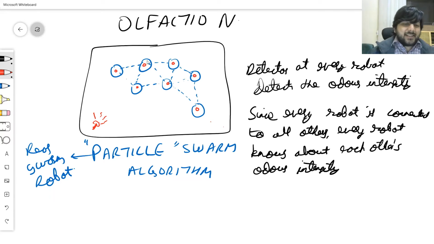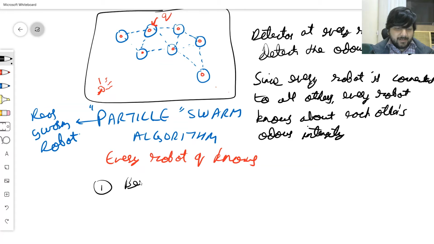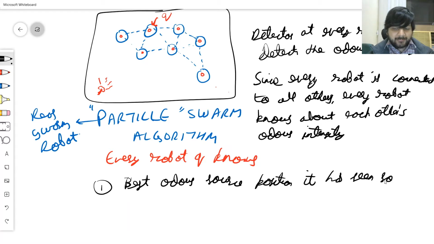So what really happens is, let's do it for this particle. Let's call this robot Q. So every robot Q knows, the first thing, the best odor source position it has seen so far. This is called the personal best.